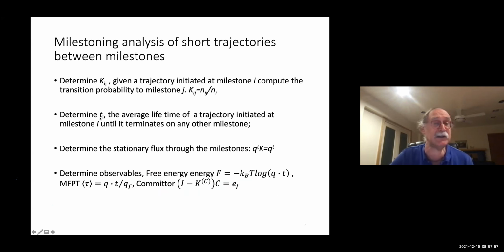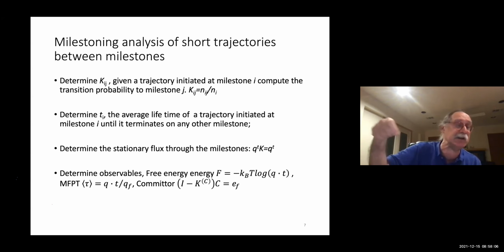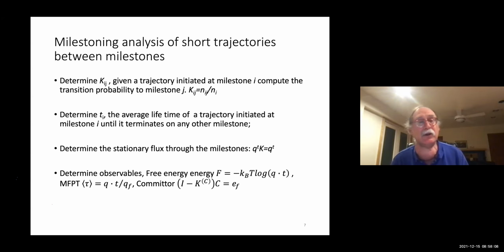We also estimate the so-called Ti, which is the average lifetime of a trajectory initiated at a milestone. We have multiple trajectories getting out from a particular milestone. Some of them live long, some of them die very quickly because they terminate on another milestone in another position. We average over all this time, and we get the lifetime of a milestone, regardless of which milestones they finally terminate in.